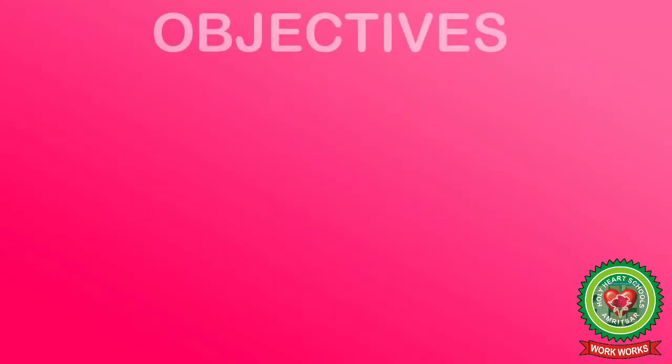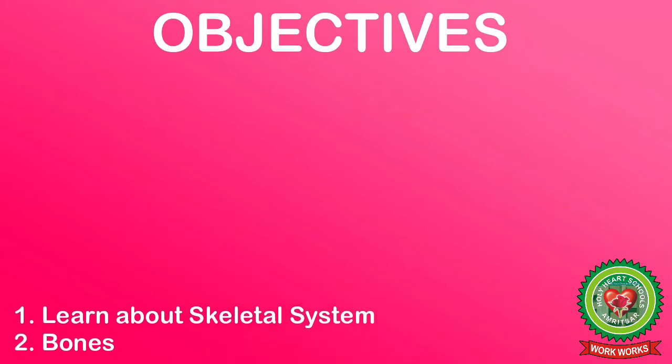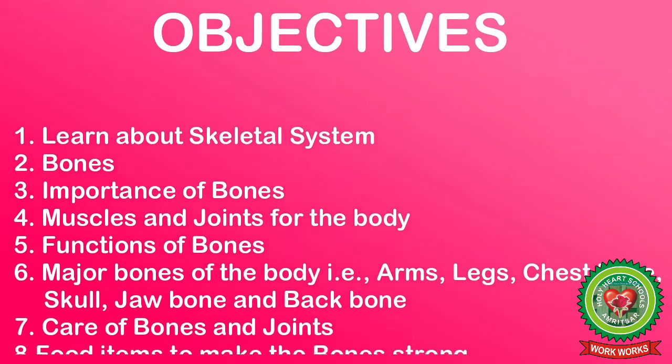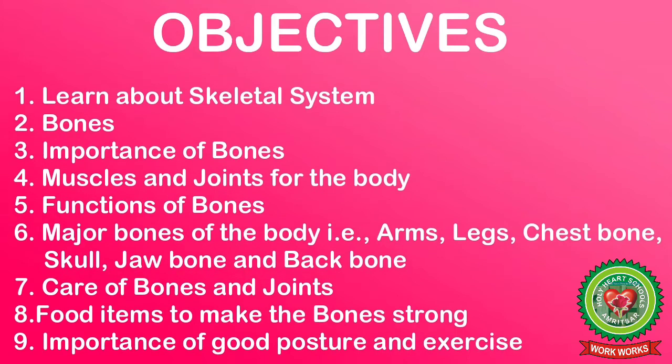So students, the objectives of this chapter are: learn about the skeletal system, bones, importance of bones, muscles and joints for the body, functions of bones, major bones of the body, that is arms, legs, chest bone, skull, jawbone and backbone, care of bone and joints, food items to make the bones strong, and importance of good posture and exercise.